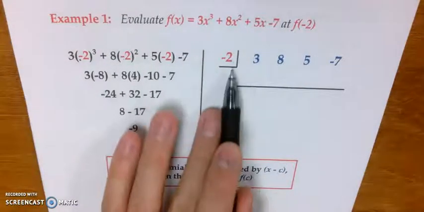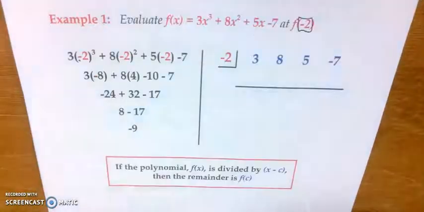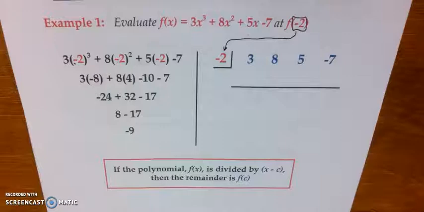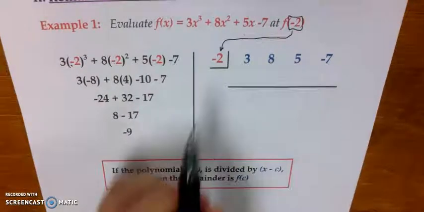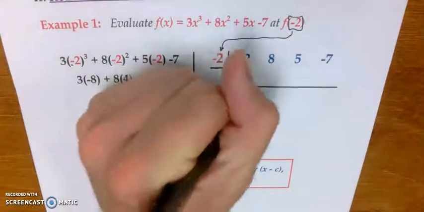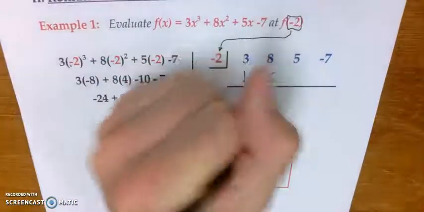So if I do synthetic division and take whatever the input value is, I don't need to mess around with flipping the signs or anything. If I want to find f of negative 2, I can just do synthetic division with negative 2 on the outside, and we run through our process here of down, diagonal.